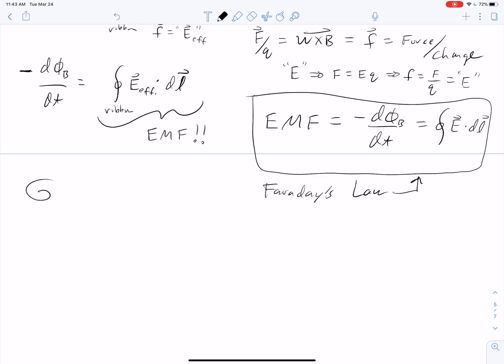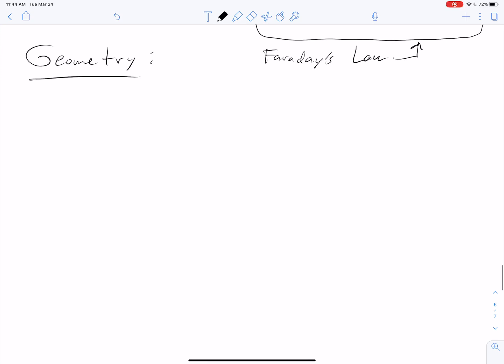So let's consider the geometry. We've done the hard part. And so what we've just derived is this. We have a loop. There can be some current flowing in the loop.